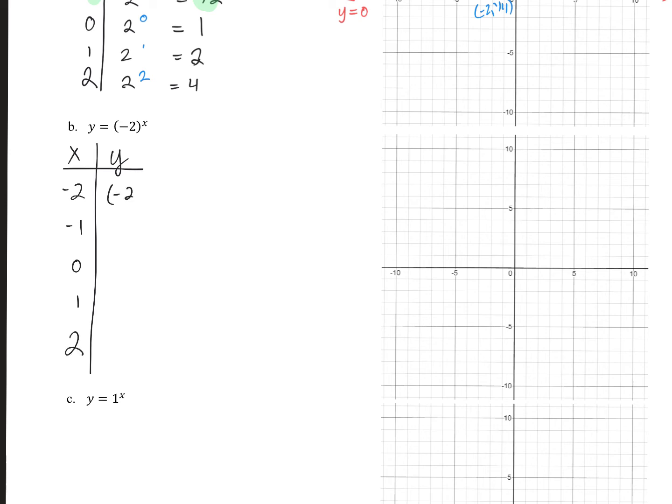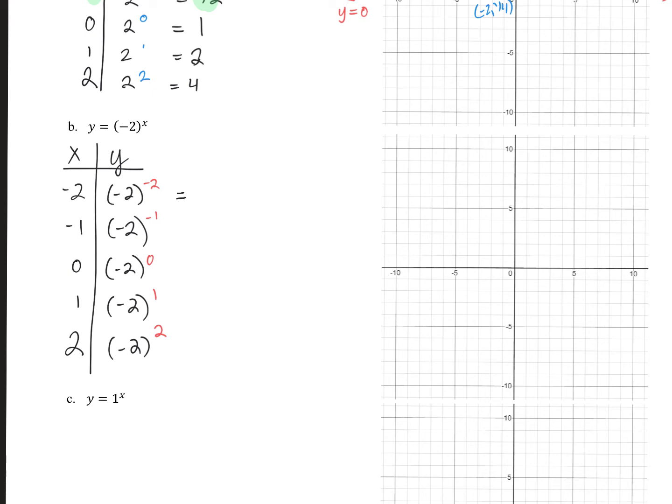That means we're going to be raising -2 to the -2 power, and so on, raising them all to the appropriate power. Go ahead, try to pause the video, see if you can find the answers to these and graph them.